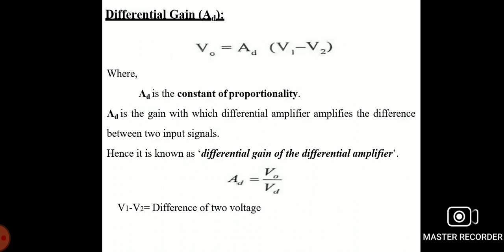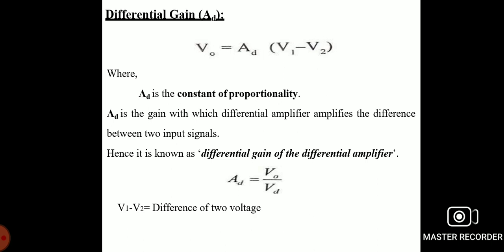We have to analyze the differential gain of the amplifier. The output voltage V0 is equal to the differential gain times (V1 minus V2). So AD is the constant of proportionality.